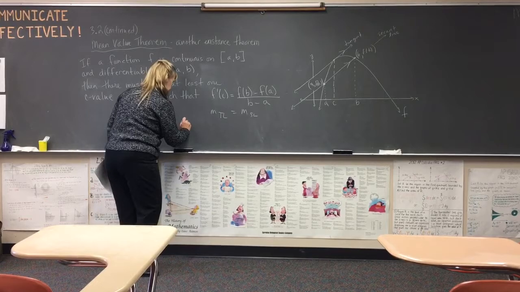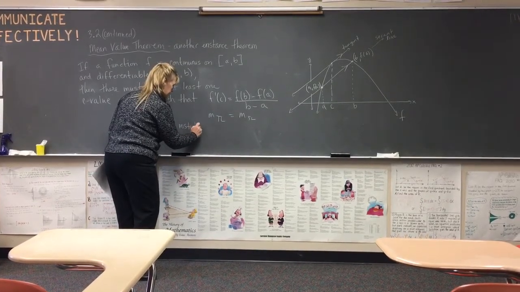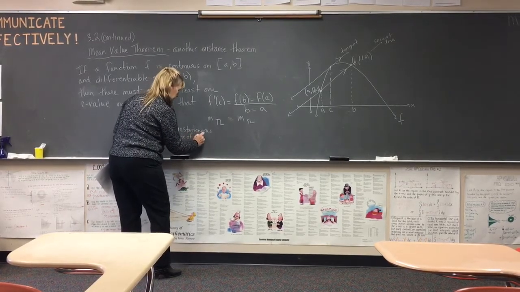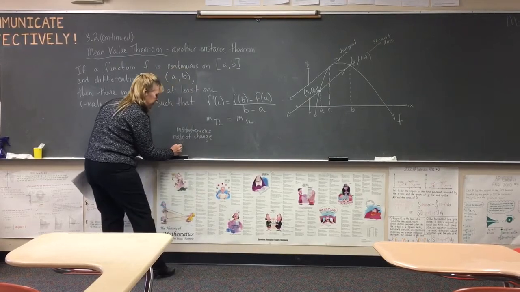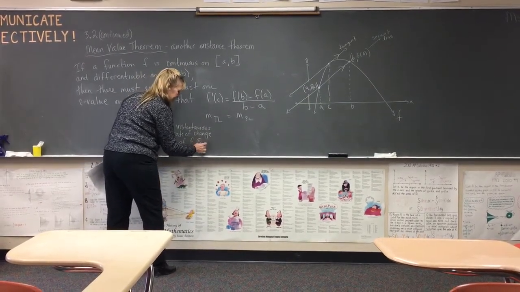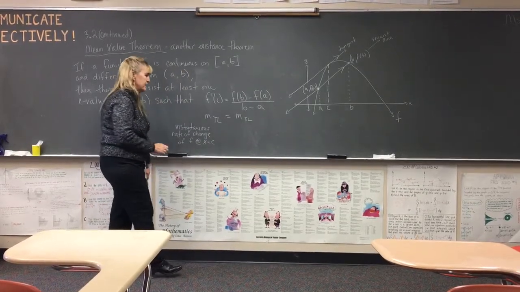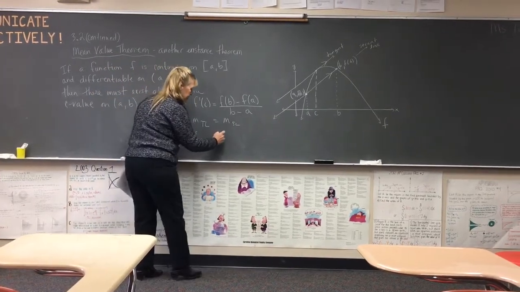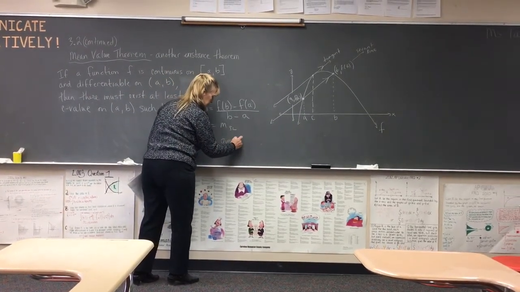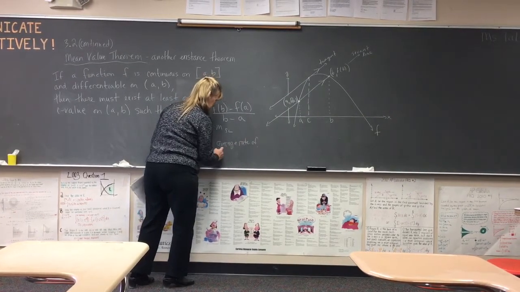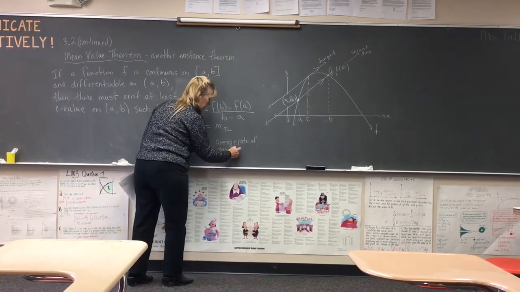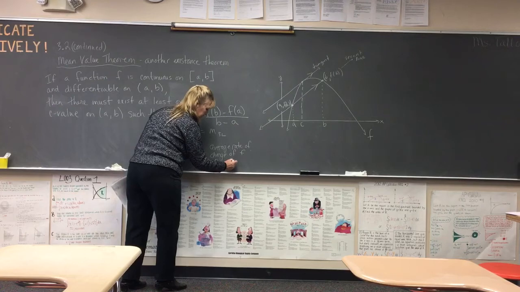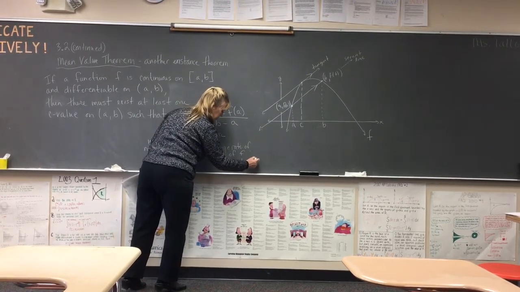So make sure we understand that the slope of the tangent line is giving us an instantaneous rate of change of the function f at x equals c. And this is going to equal not an instantaneous rate of change, but an average rate of change of the function f from x equals a to x equals b.